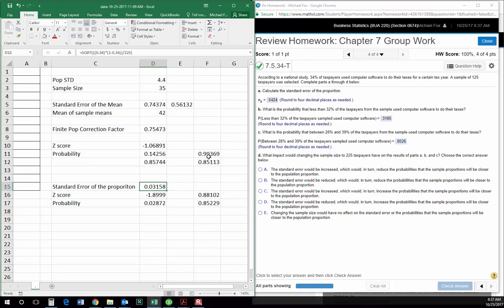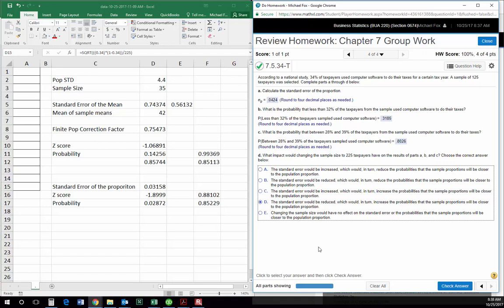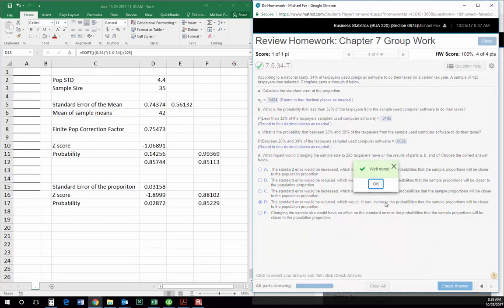It was 0.04, now it's 0.03. And so our standard error is reduced, which in turn increases the probabilities. So here our probability was 0.8026. Now we see it's 0.85. So the standard error is reduced, which increased the probability. You could also go through the logic of how it all works, but I just tested it.